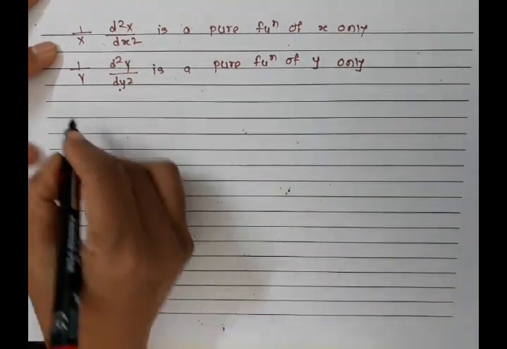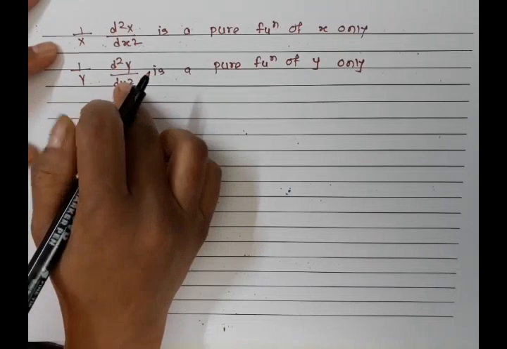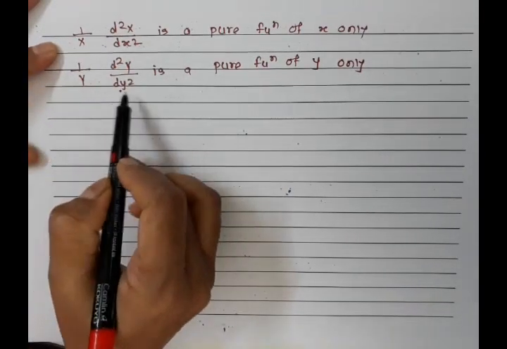Now let us assume, as we are saying that the sum must be constant, this must be constant and this must be constant.